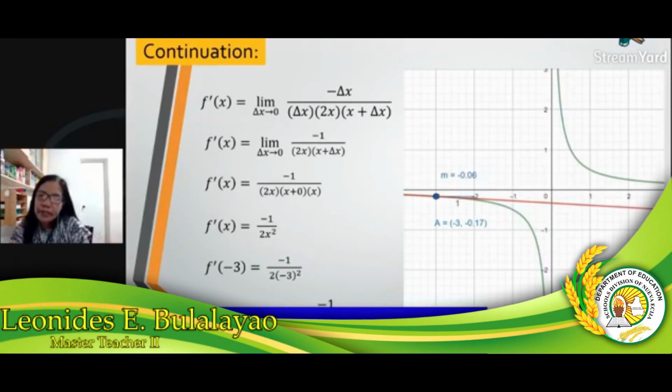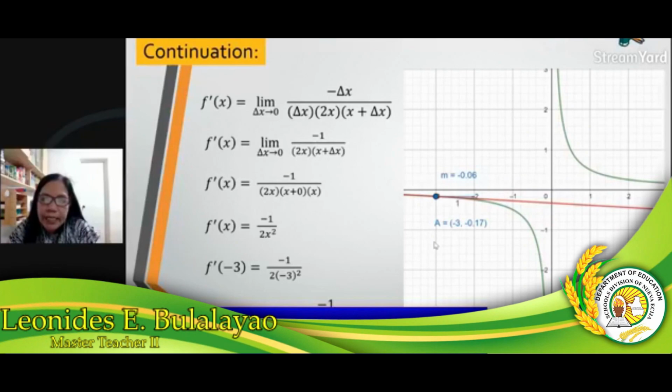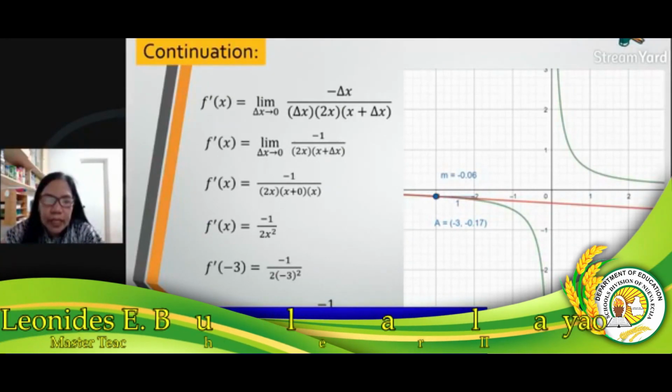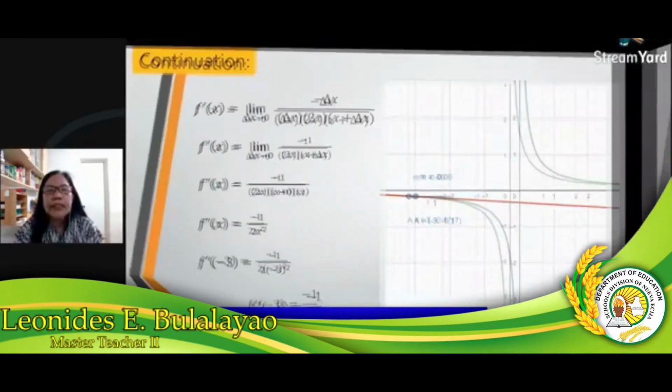We have here the point negative 3, negative 1 over 6. And then the slope is negative 0.06, and this is equal to negative 1 over 18.